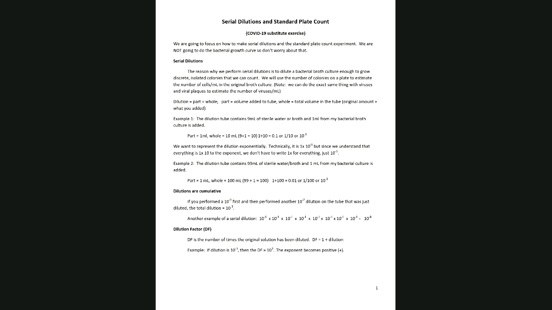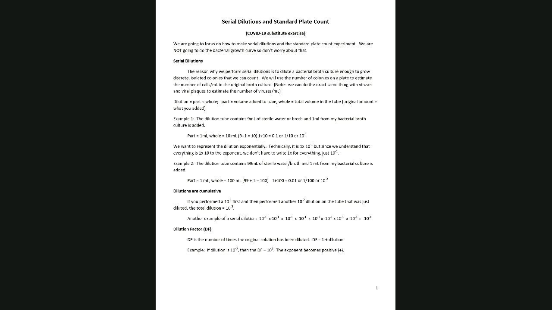So when you calculate a dilution, it's always the part divided by the whole. The part is the volume that you add to the tube. The whole is the total volume now in that tube. So we typically work with 9 milliliter sterile broth or sterile water tubes to do the dilution.